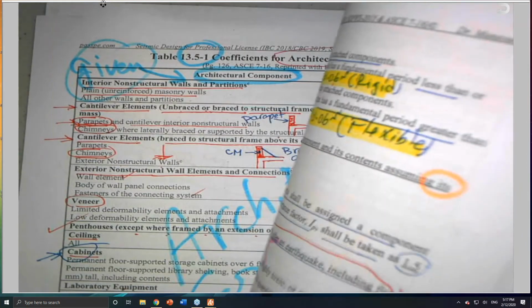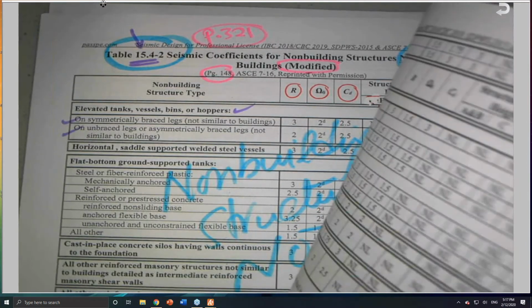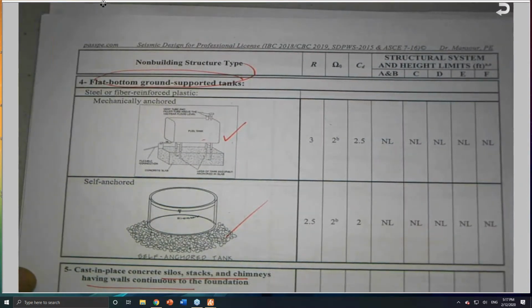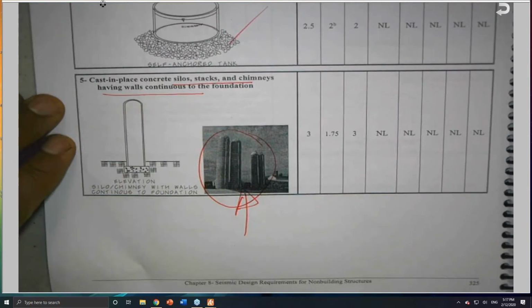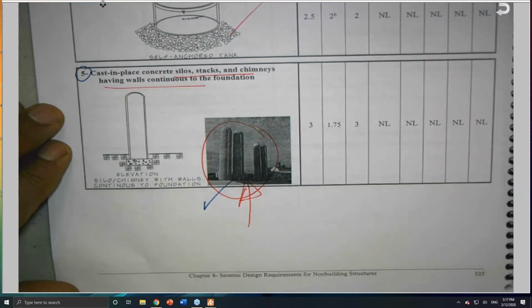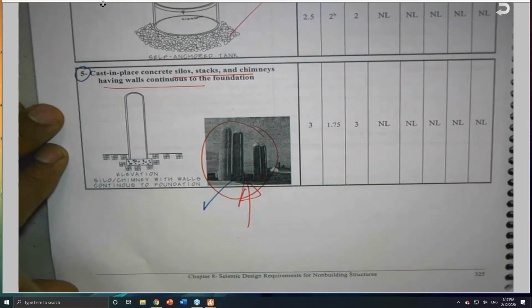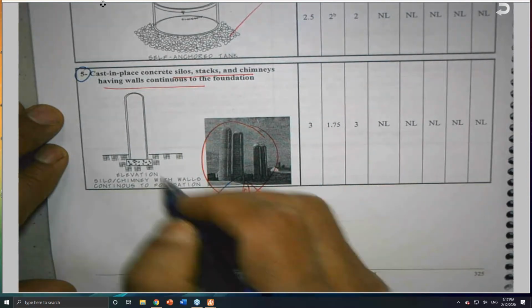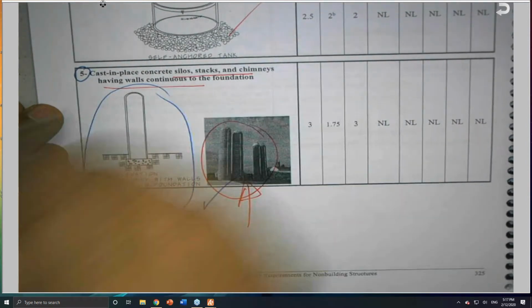I even provided a picture of it. Can you go to page 325? Here it is, item number 5. Cast in place concrete silos, stacks, and so on. And this is a picture, an illustration I wrote for you.